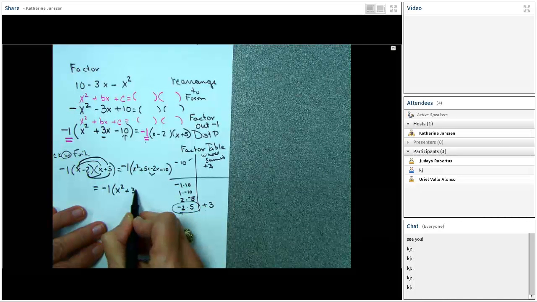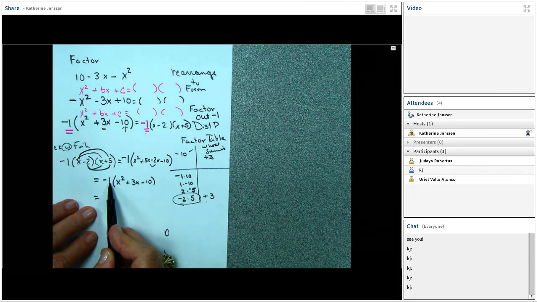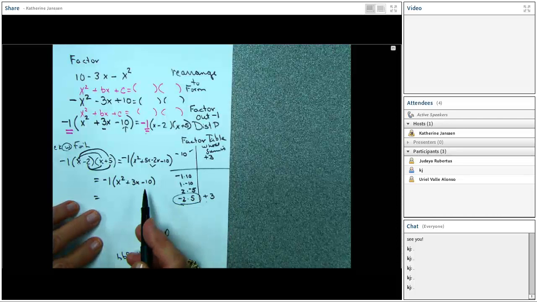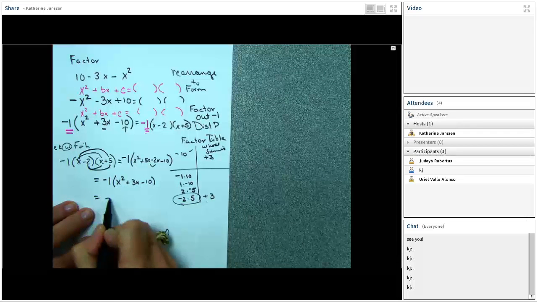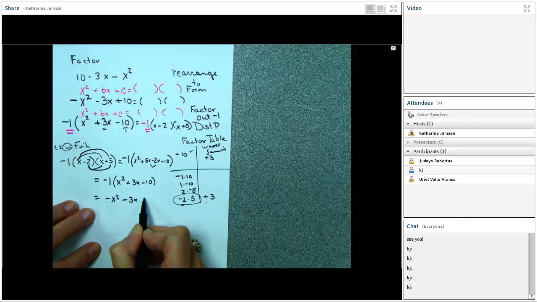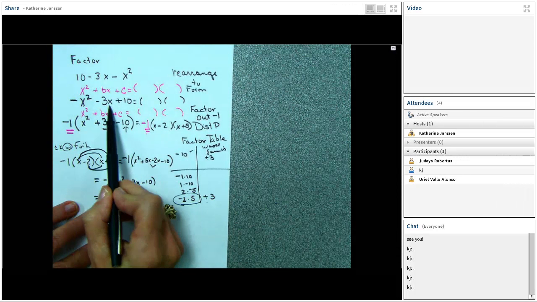I'll get 3x minus 10. And then distribute a negative 1 times each term. Negative 1 changes the sign of each term. And I end up with a negative x squared minus 3x plus 10. Negative x squared minus 3x plus 10.